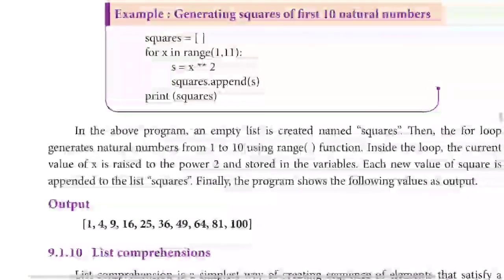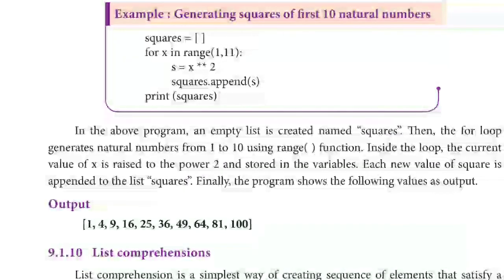1 squared is 1, 2 squared is 4, 3 squared is 9, 4 squared is 16, 5 squared is 25, 6 squared is 36, 7 squared is 49, 8 squared is 64, 9 squared is 81, and 10 squared is 100.